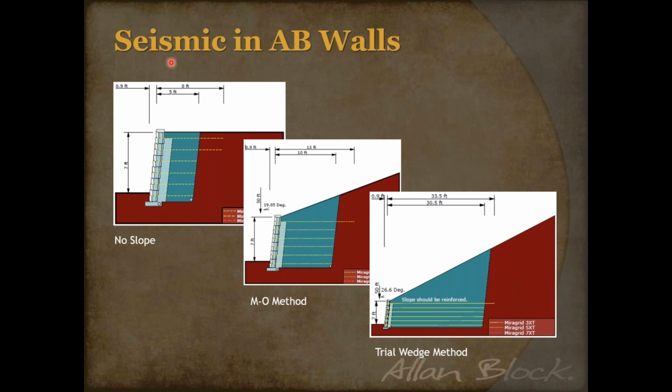So you're going to get something closer to the level conditions. So I always tell engineers, don't be afraid to raise the wall height. If you raise the wall height, you reduce your slope, and you're probably going to have a better solution when it's all said and done. Plus, you don't have to worry about the global instability of that slope when you have the dynamic event. All right, so that's the key.